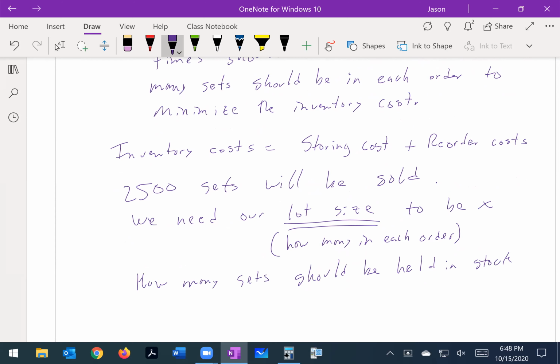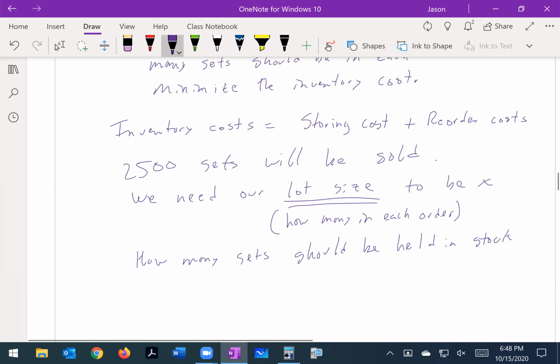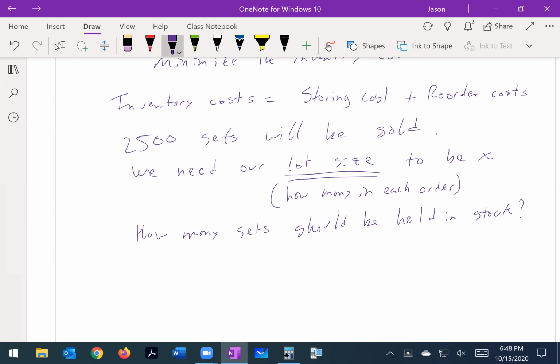Let's take the extreme example here: let's say we order all 2,500 sets at the very beginning of the year. So we have one order of 2,500 sets.